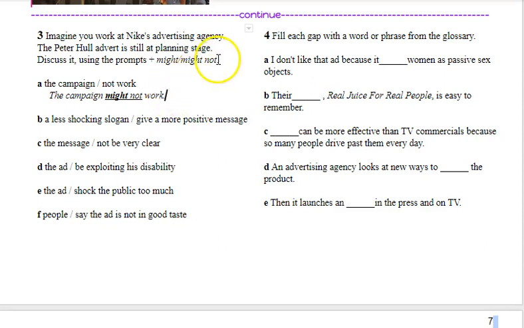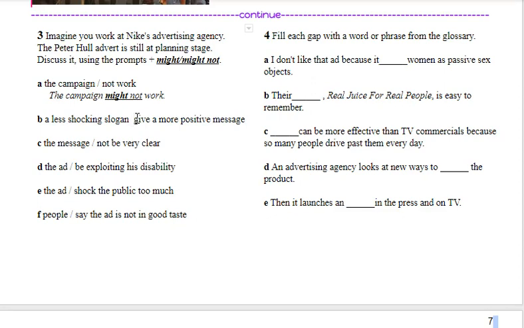You only need to use might or might not. So a less shocking... Why? So I don't really understand.